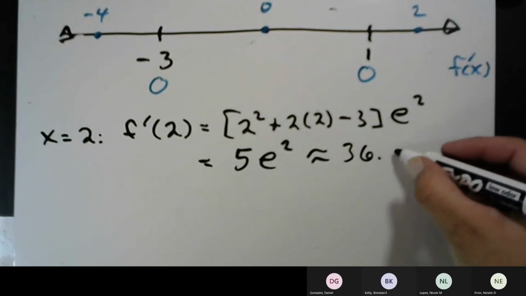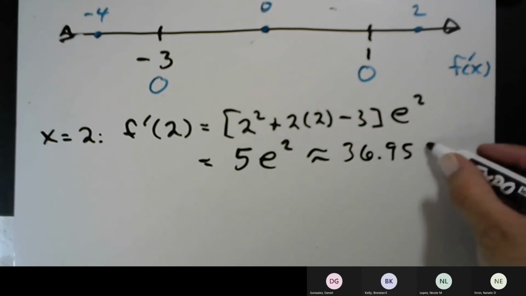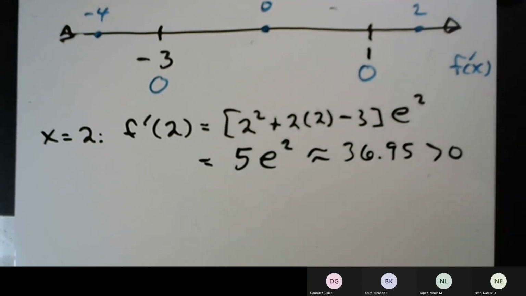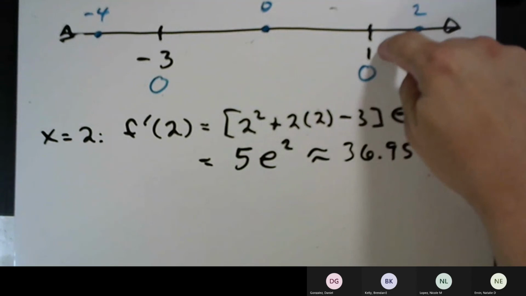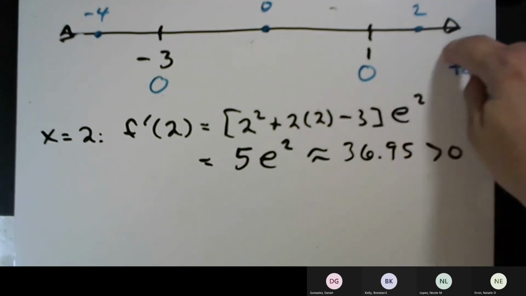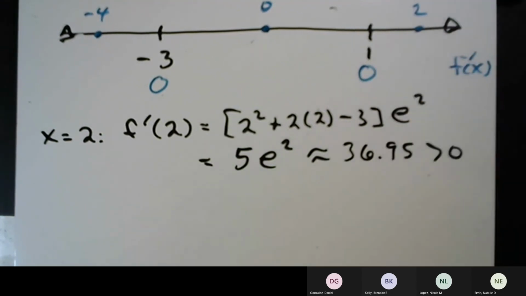The key thing is it's bigger than 0. So that means this interval has a positive derivative.